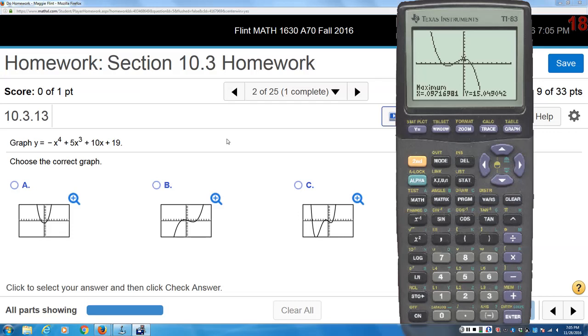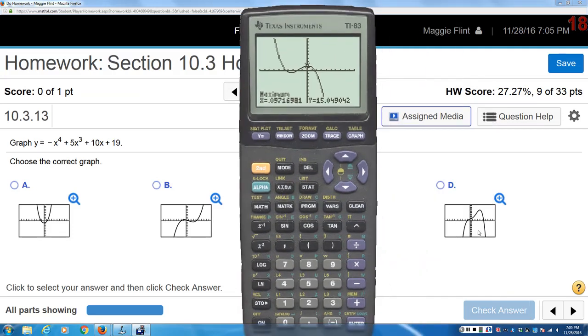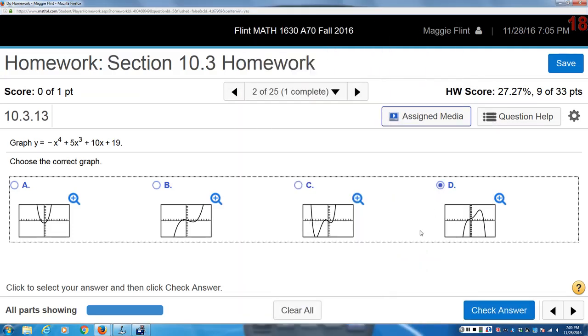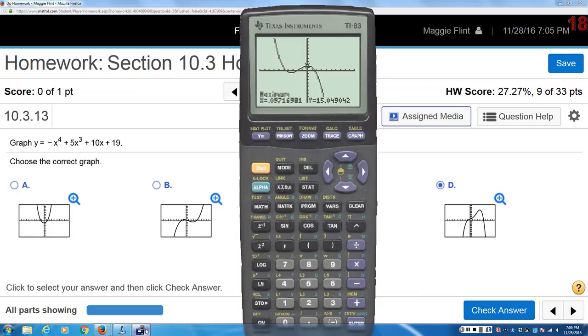So that tells you because A, my leading coefficient, the number in front of that highest power is negative, that tells me it can't be C because both its arms are going up. So by the process of elimination, without even graphing it to confirm, I'm pretty sure the right answer is D. Okay? And when you graph it, that's just going to confirm it for you.